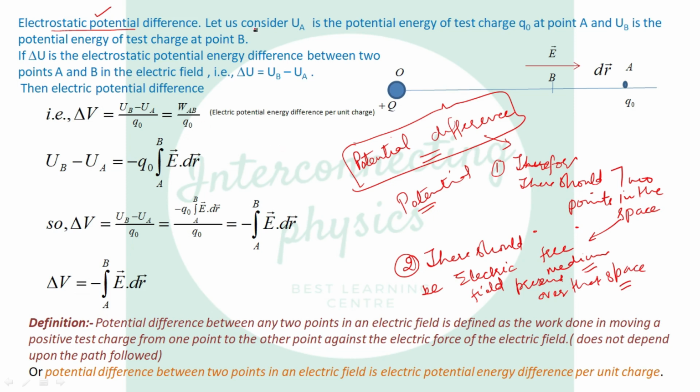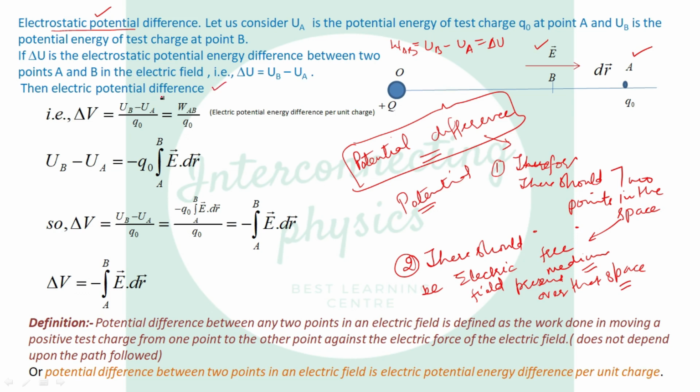So let us consider UA is the potential energy of the test charge Q naught at point A, and UB is the potential energy of the test charge at point B. We already know the work done in bringing the charge from point A to B is UB minus UA, that is delta U, the change in potential energy. Now, what is electric potential difference?